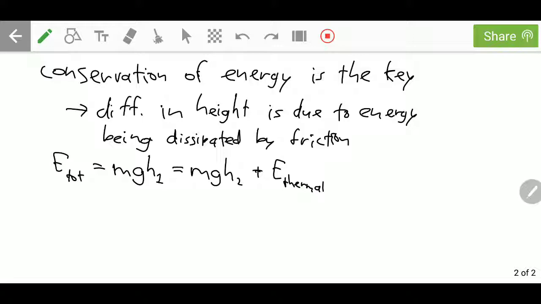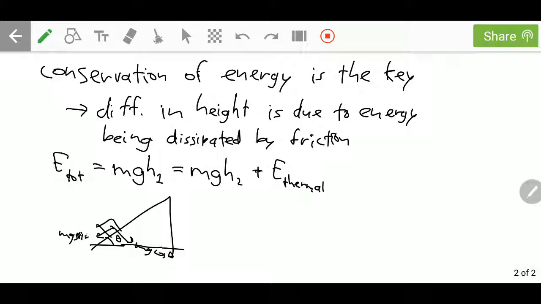So how do we calculate the thermal energy? When the block starts sliding up the second ramp, we have an angle of inclination theta. Gravity is going to exert a force inward of mg cosine theta, and a force parallel of mg sine theta.